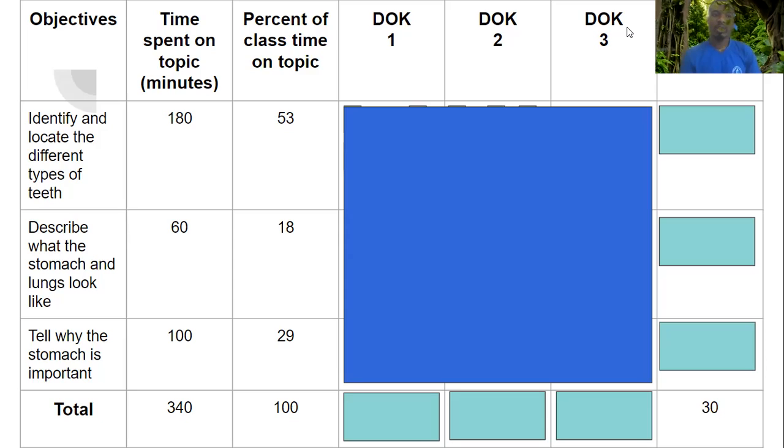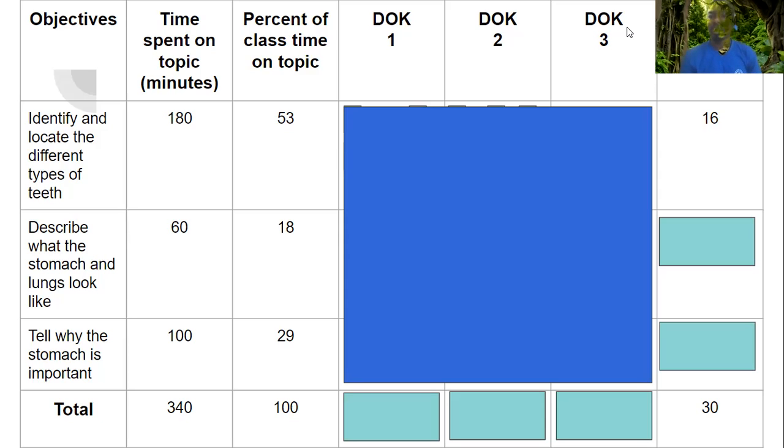I need to find out the percentage per objective over 100 multiplied by the total number of items on the test. That's 30. So for the first objective, I should have 16 questions based on this table of specifications.